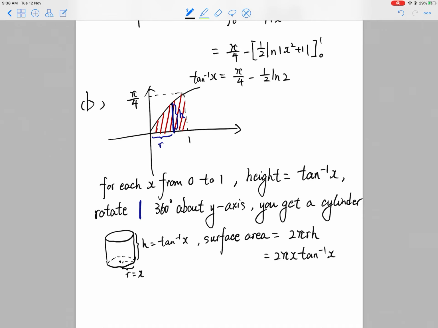Okay, and now the area, sorry, the volume equals the integration of the surface area, right? Because if you draw several different cylinders and you add their surface area up, you'll get the volume.